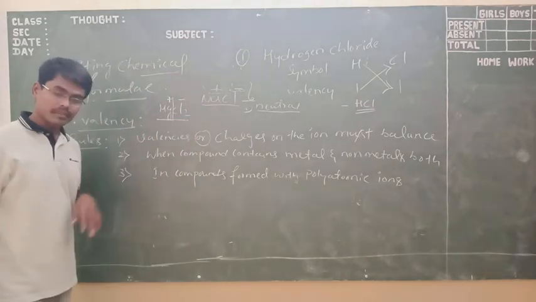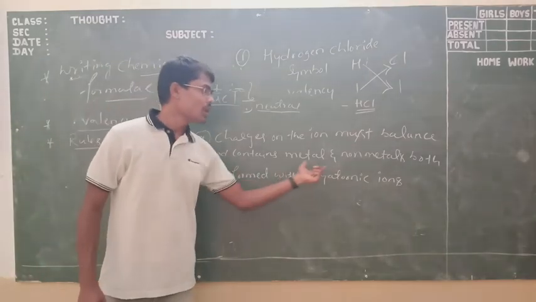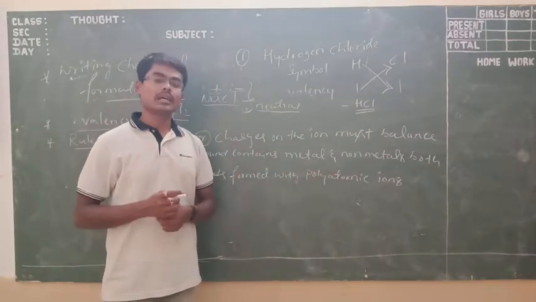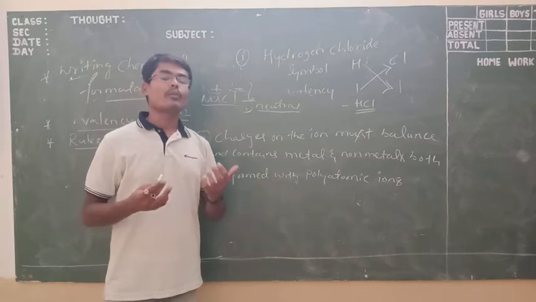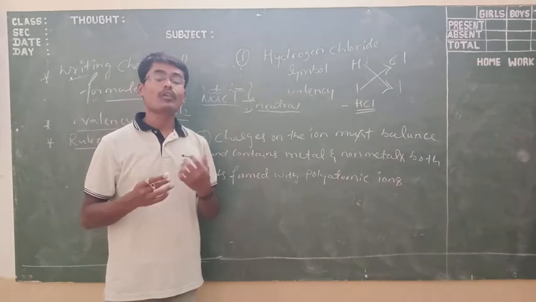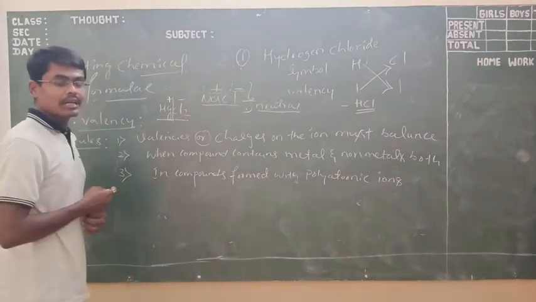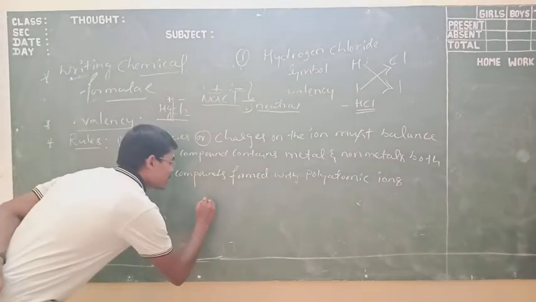The third one, what is the third one? In compounds formed with polyatomic ions. If a compound contains polyatomic ions, at that time how we are going to write that one? Now I am going to write an example for the third rule. Now look at here.